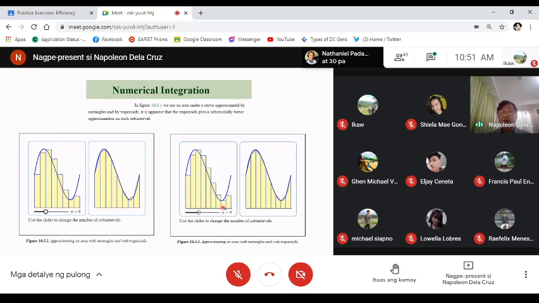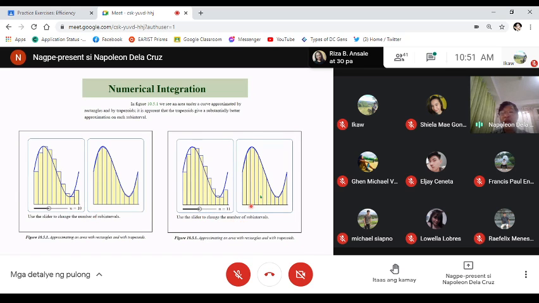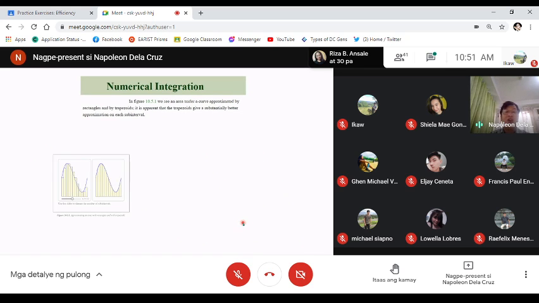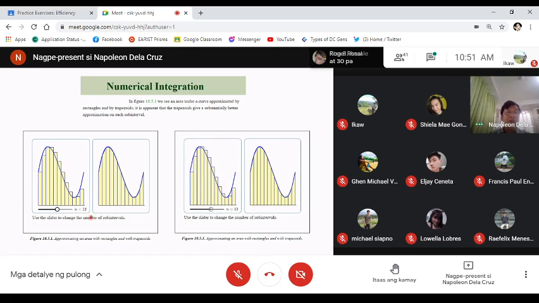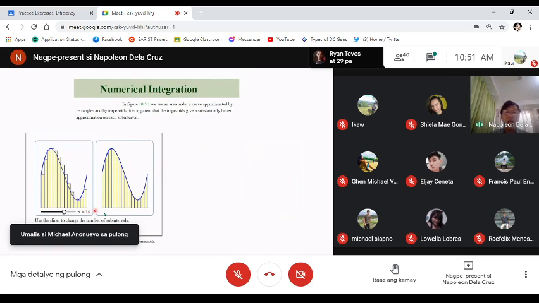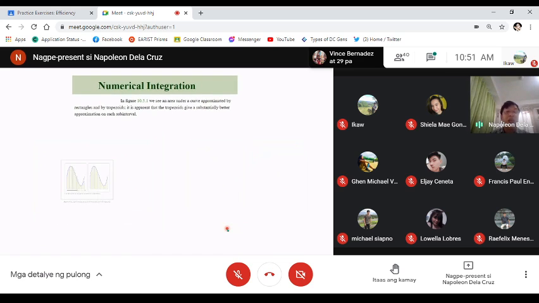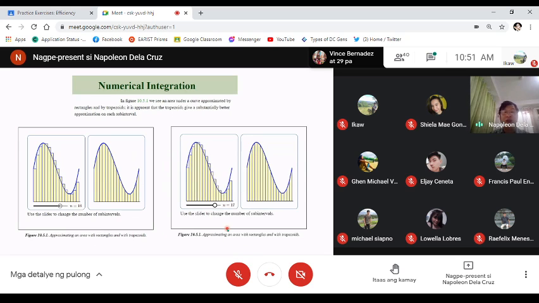Ito naman ngayon, ang n is equal to 9. Mas nagiging accurate ang pagsasolve ng area. Okay? 10, 11, ayun, halos nag-fit na. 12 and 13, ayun, halos nag-fit na. Habang dumadami ang n, mas nagiging accurate ang pagsasolve ng area under the curve.